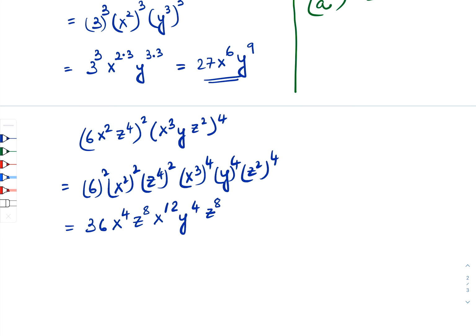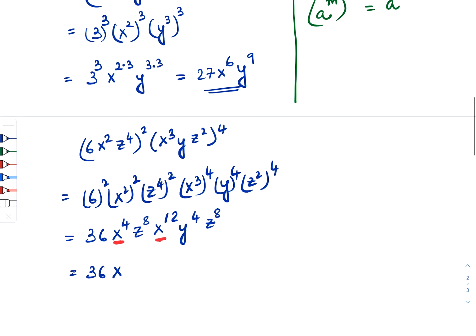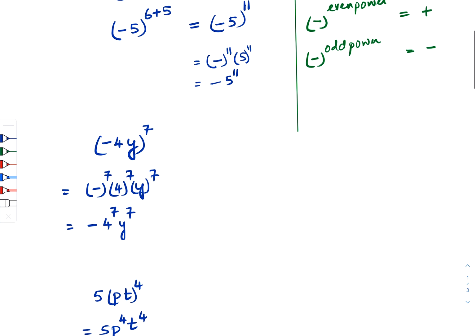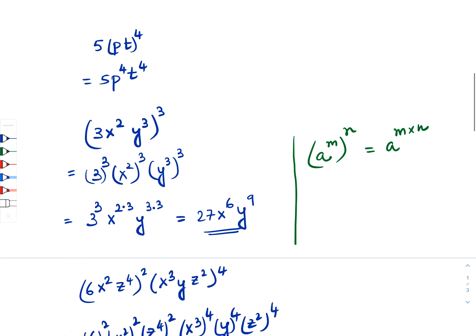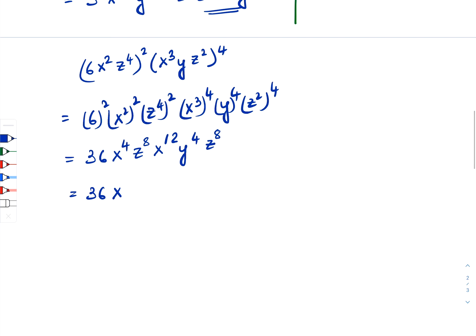At this point, you want to combine the x's and the z's. So we're going to rewrite that as 36. And now when you combine these terms, you're going to follow this rule out here, right on top: a^m times a^n is equal to a^(m+n). So the powers basically get added. x raised to the 4 plus 12, that's for x.